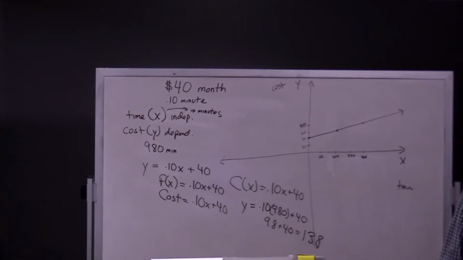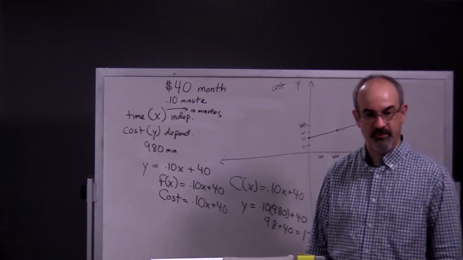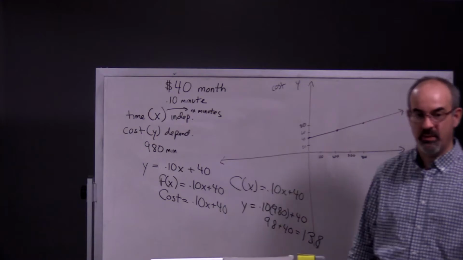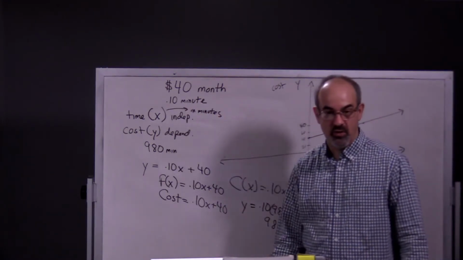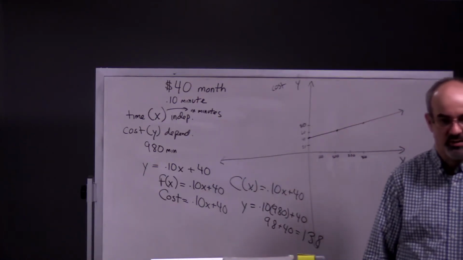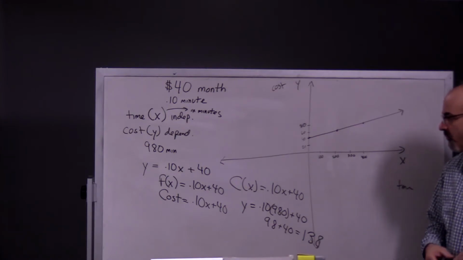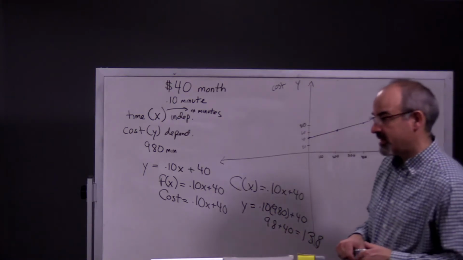Every month their phone bill would be, let's see, if they talk about 1,000 minutes a day, they might talk 30,000 minutes, which multiplied by 10 cents would be 3,000. You'd add that to 40, so their phone bill would be $3,040 a month. I'm pretty sure there are people who do that, which is kind of scary.